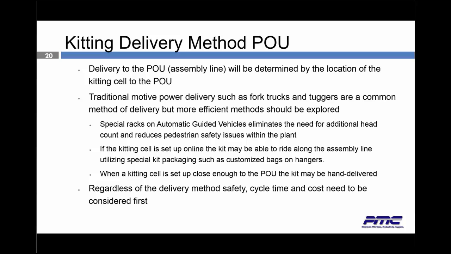If the kitting cell is set up online, the kit might be able to ride along the assembly line, utilizing special kit packaging, such as customized bags on hangers. When the kitting cell is set up close enough to the point of use, the kit might even be hand-delivered, just walked over. Regardless of the delivery method, safety, cycle time, and cost need to be considered first in all of it.